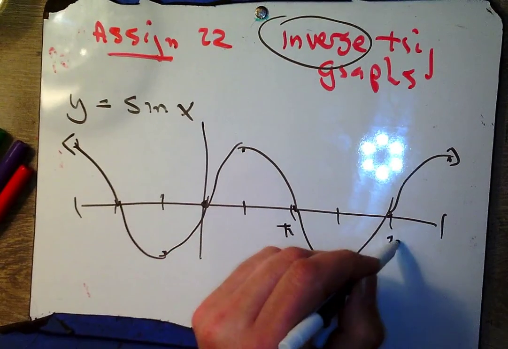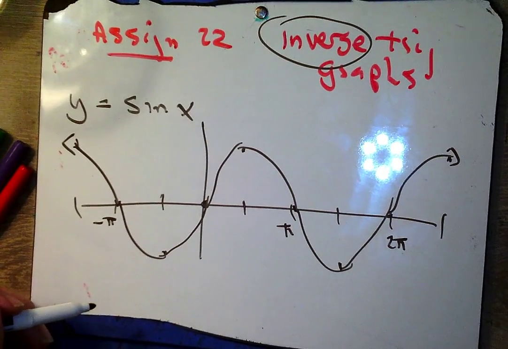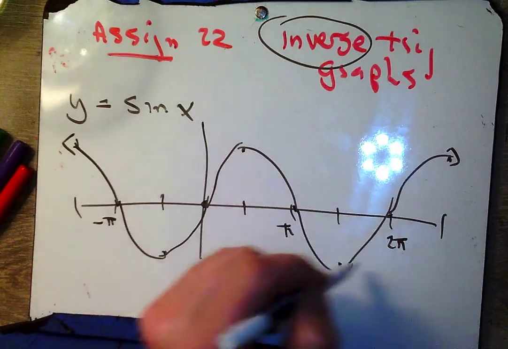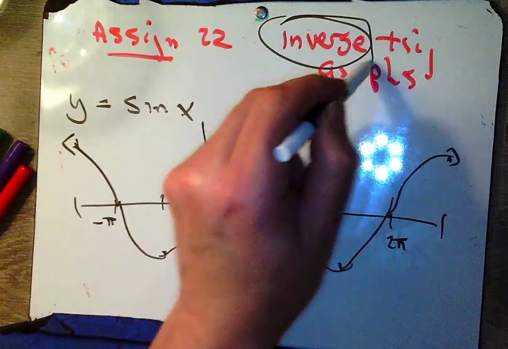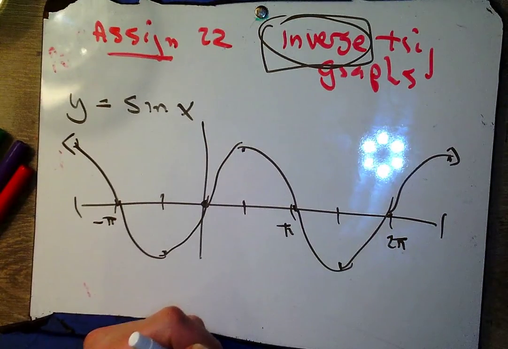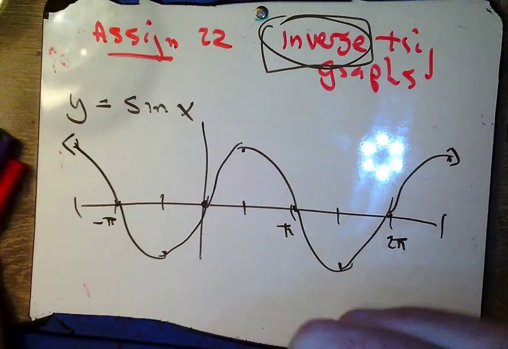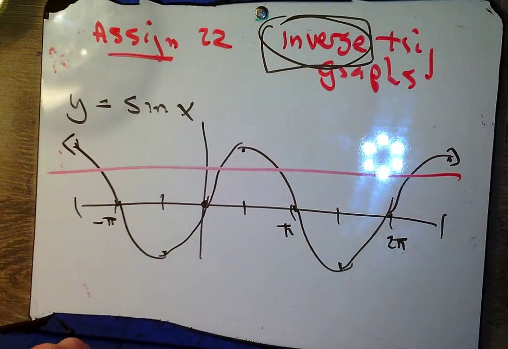This is pi, 2 pi, minus pi, etc. I know the period for sine is 2 pi, but I want to ask this question. Does this graph have an inverse? Or said a different way, does this graph pass the horizontal line test?